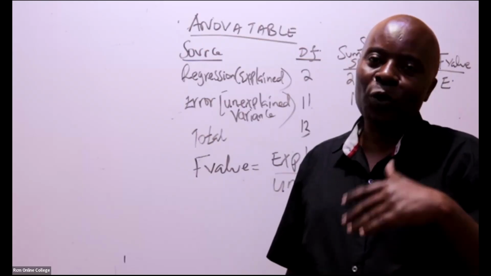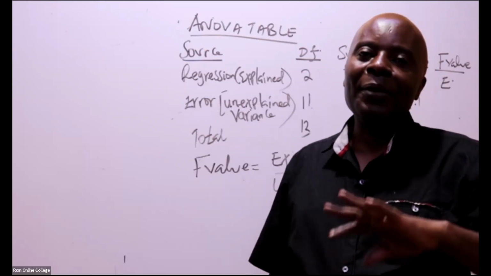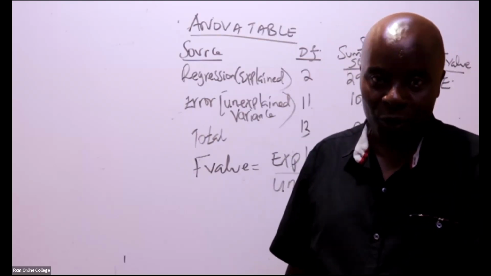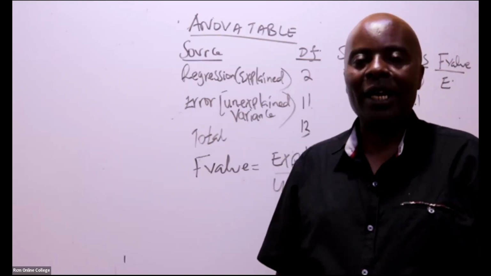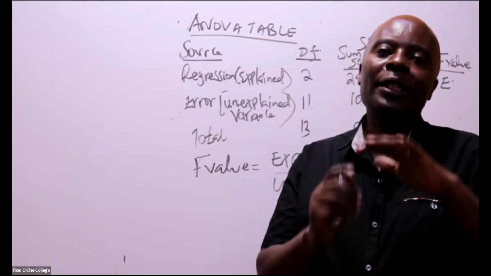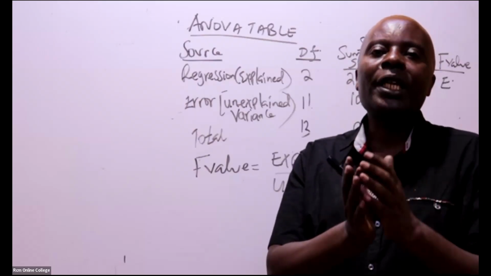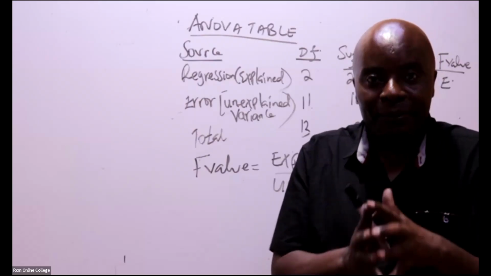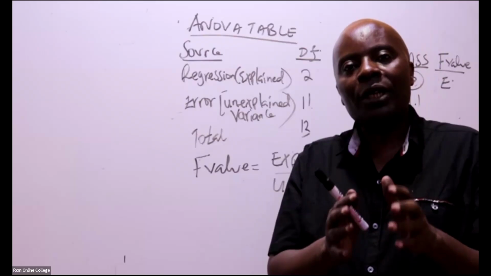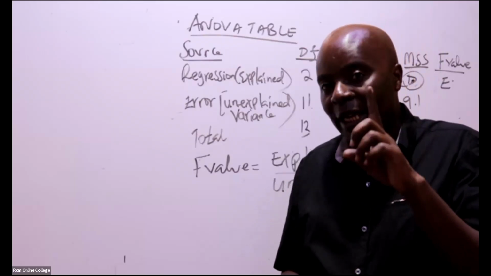Now, when results come, things are upside down. In this case, there will be that variation which will be unexplained, and there is that variation that regression will be able to explain.